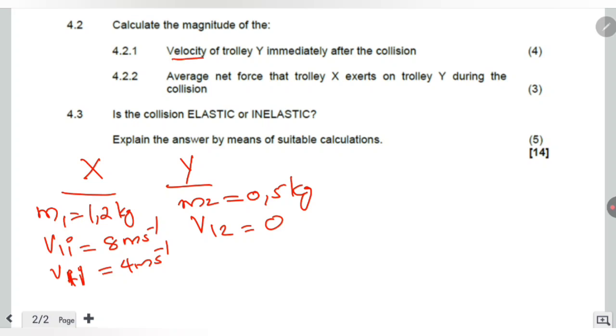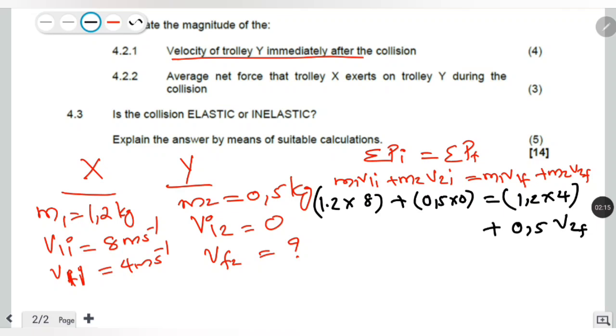In this case we are calculating the final velocity, V2F. So we can use the conservation of momentum equation and substitute. Let me write. After substituting, this is how the equation is. Then you solve for V2F.